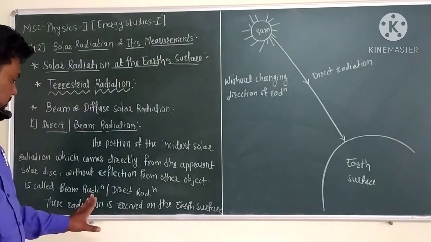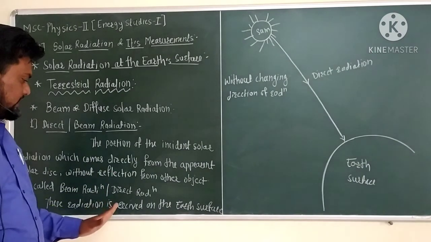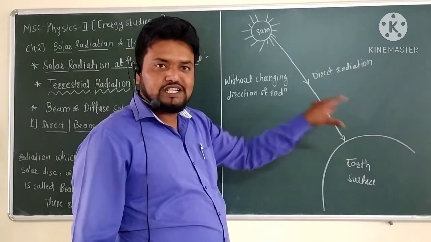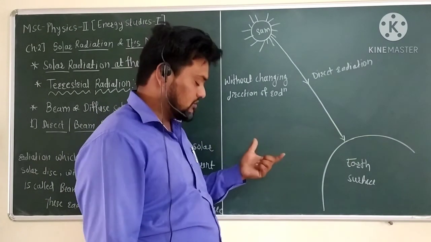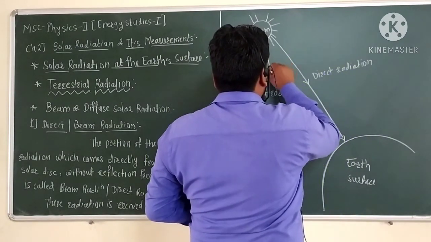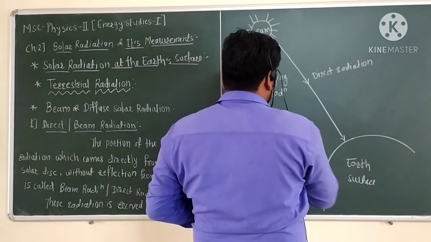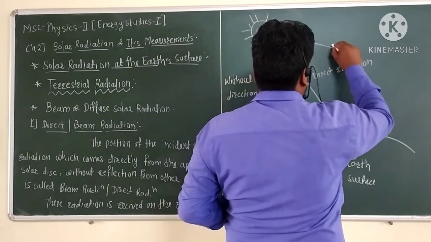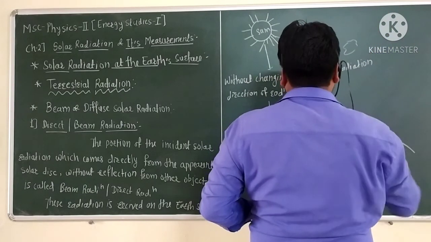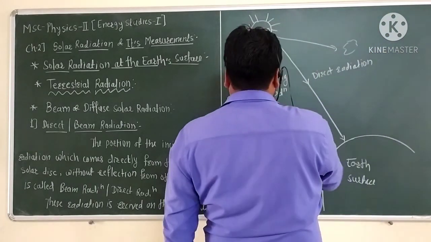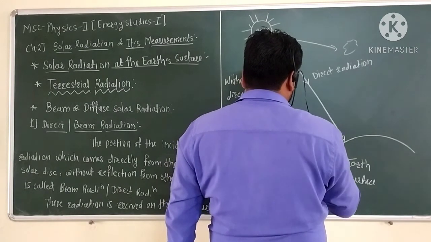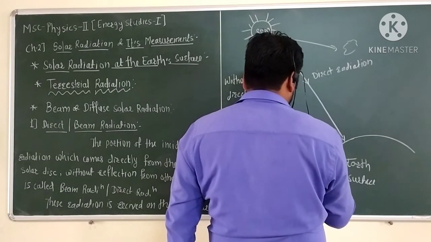So for this type of beam radiation or direct radiation, the radiation is incident on the earth surface without changing any direction. That means some radiation is incident from this direction, some from this direction, or absorbed by another body, and afterwards, for example, this is known as the diffuse radiation.